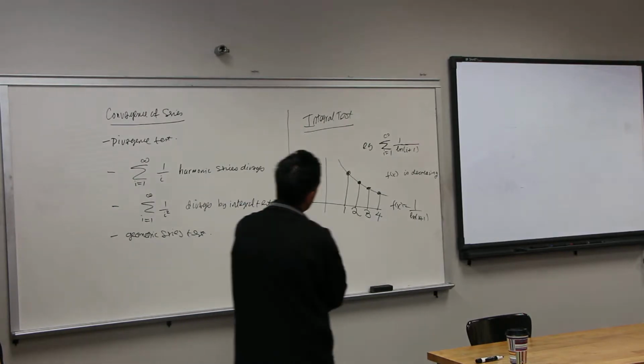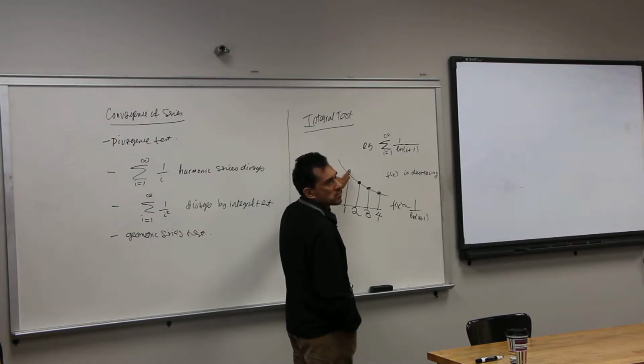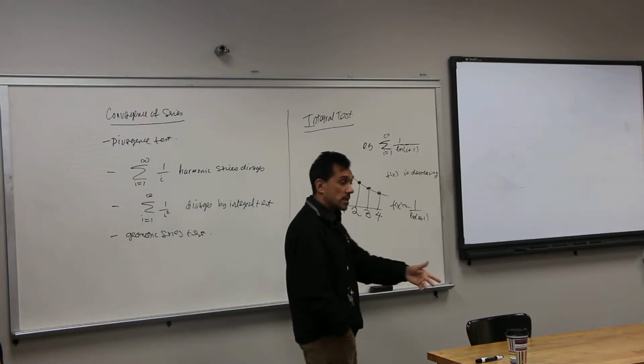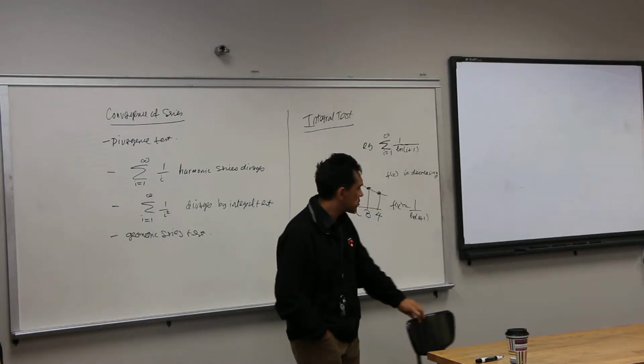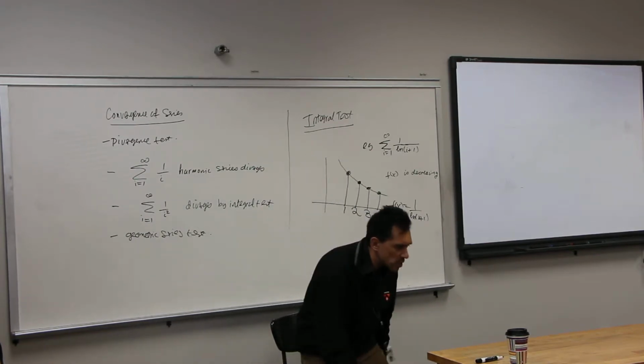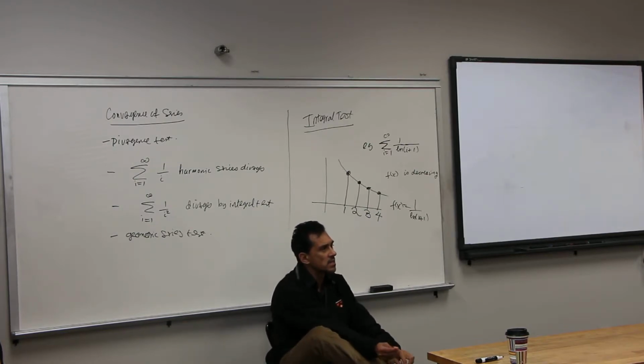In this case, the height of this would be 1 over ln 2, which would be the first term in my sequence. This would be 1 over ln 3, which would be the second term in my sequence. This would be 1 over ln 4, which would be the third term in my sequence. And my point is now to add them all up and determine if this thing is finite.